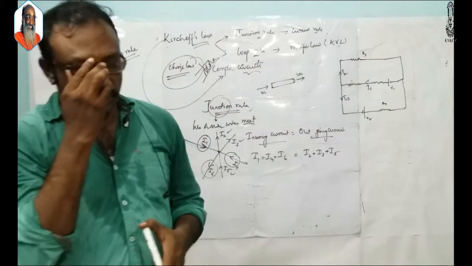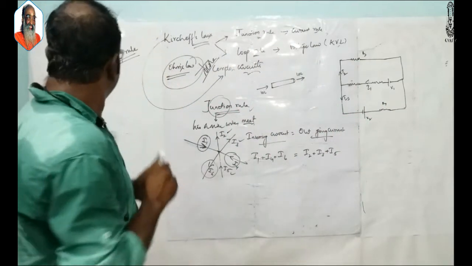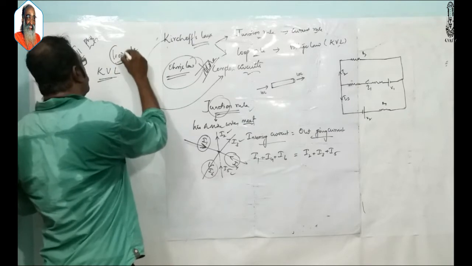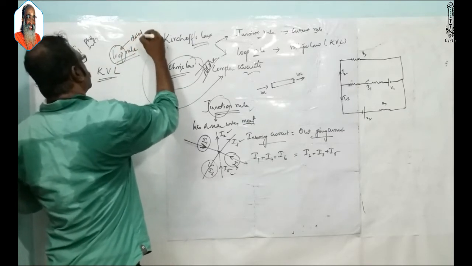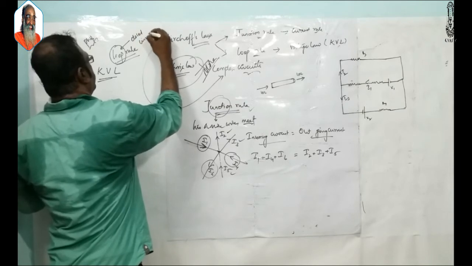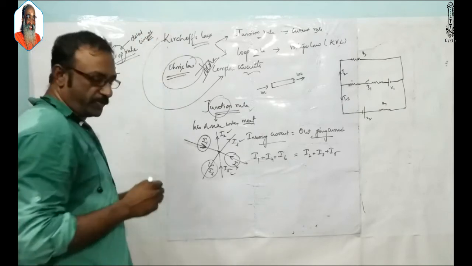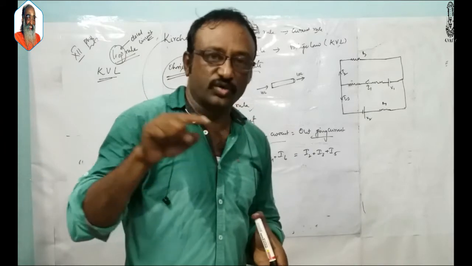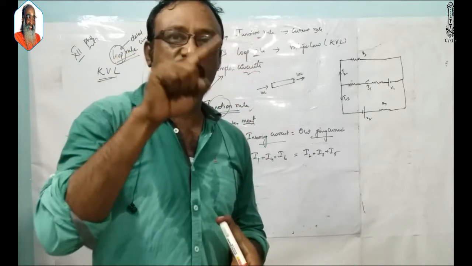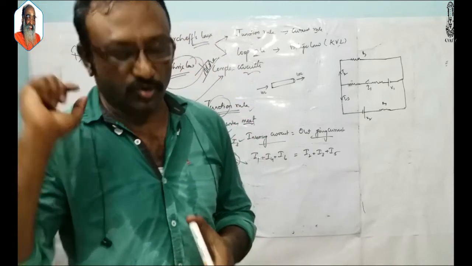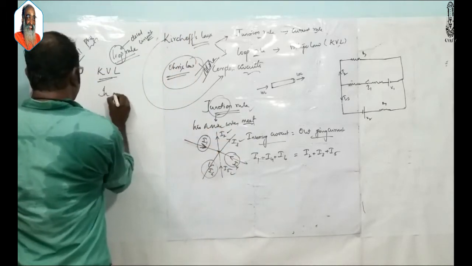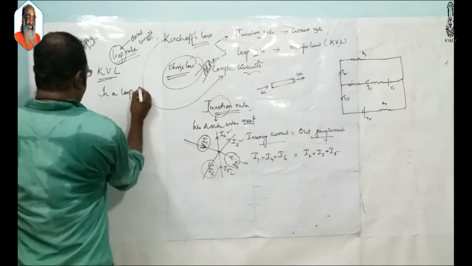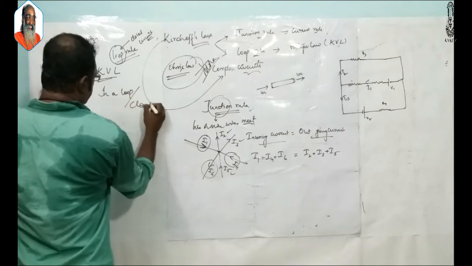A loop means a closed circuit. In a closed circuit, the total voltage is 0. That means in a loop or closed circuit, sigma V is 0. That's it.